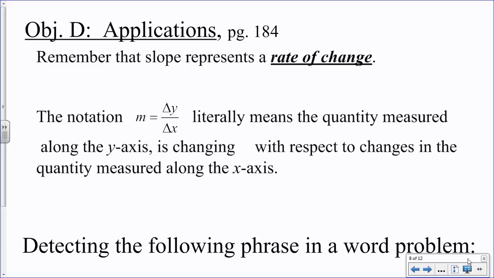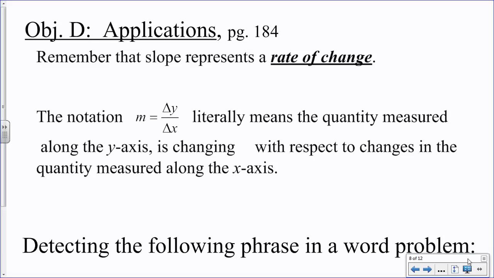Remember that triangle is delta, so delta y over delta x means the quantity measured along the y-axis is changing with respect to changes in the quantity measured along the x-axis. So the change in y over the change in x. So you're comparing the changes in y to the changes in x.